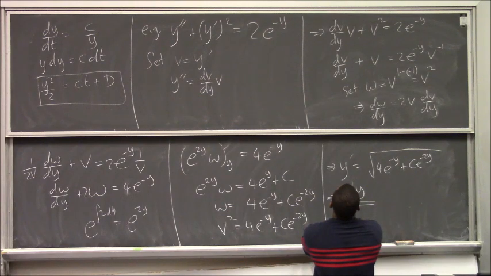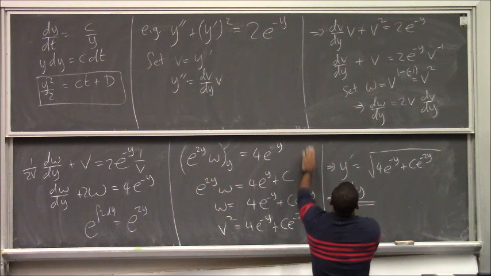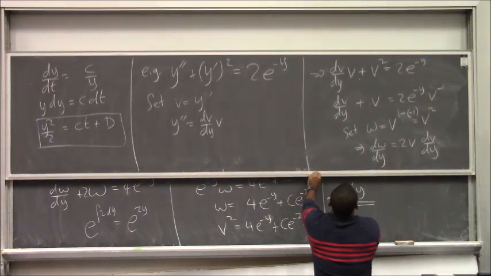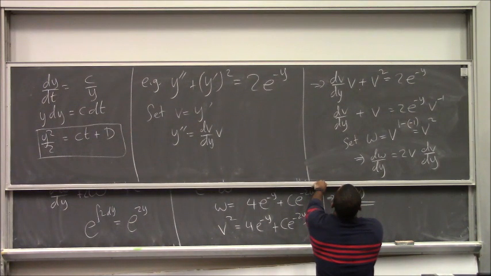For the Bernoulli equation, are you supposed to always get a negative exponent, or a positive as well? Or it doesn't matter? I don't think that matters, as long as it's not separable or linear. So we have here dv/dy times v plus v squared.